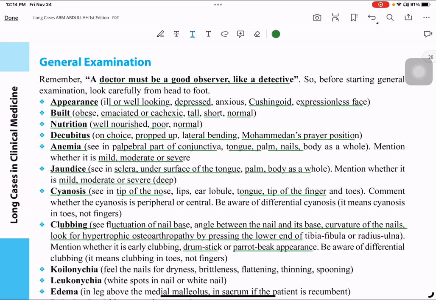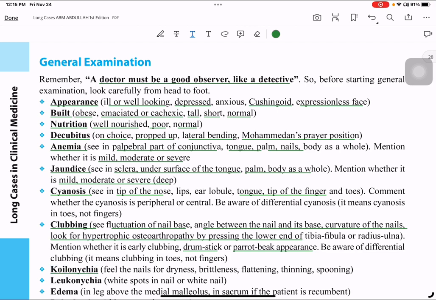So clubbing identification is very important. It is found in many suppurative lung diseases, in various liver diseases, and it is also present in various sorts of malignancy. So clubbing detection is very important during general examination.